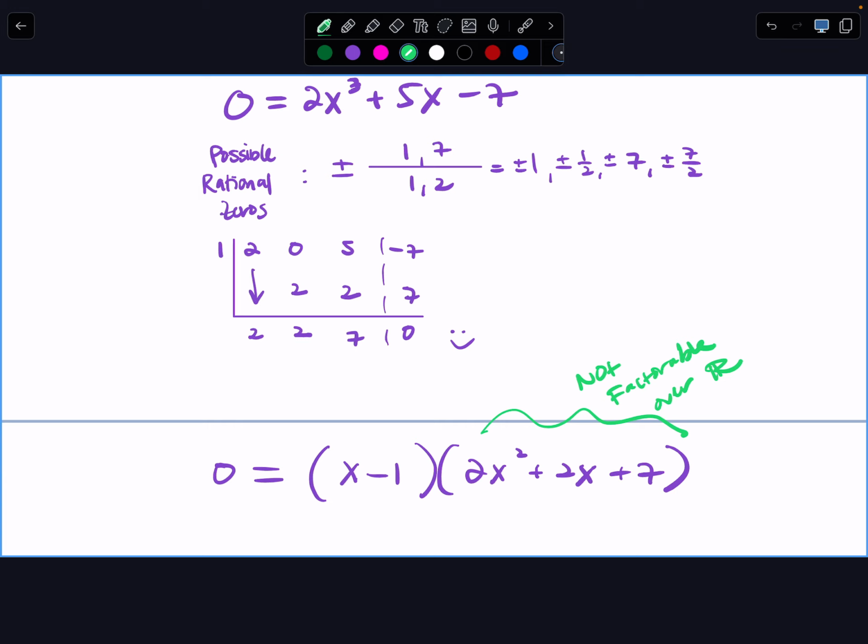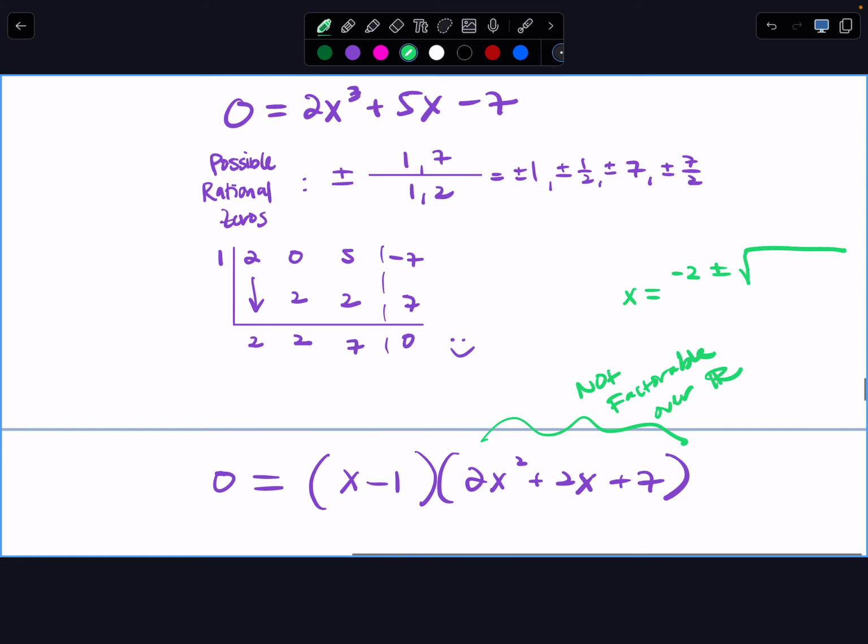Now, you could look at that and be like, I can't figure out how to factor it. But you could also think quadratic formula: x equals negative b plus or minus the square root of b squared minus 4ac, all over 2a. Where this would be negative, so that does not factor.